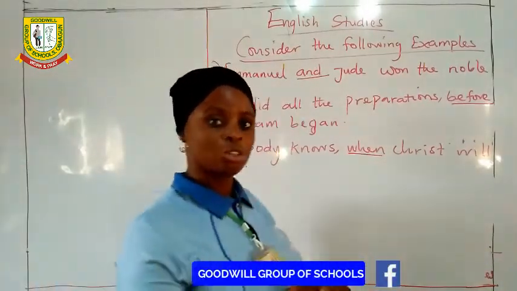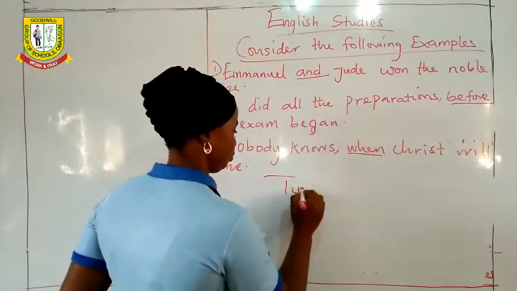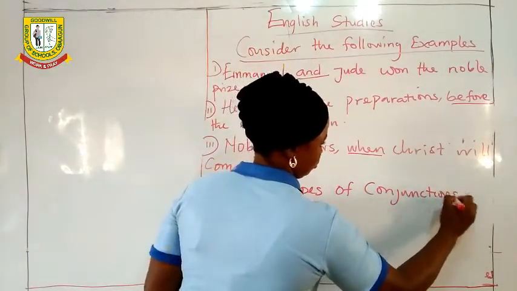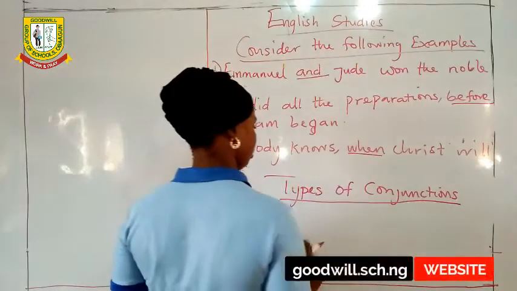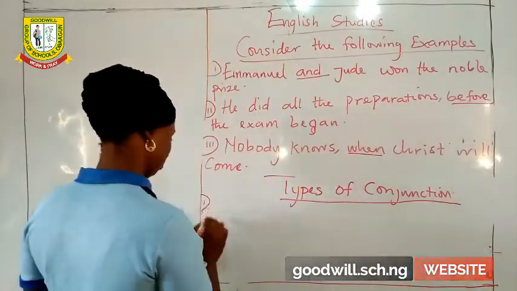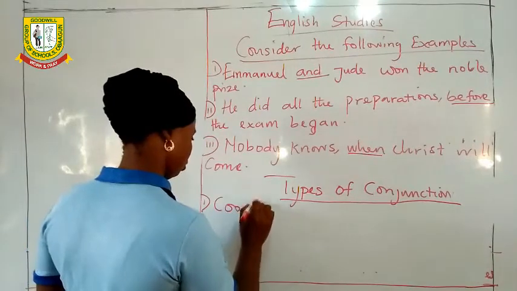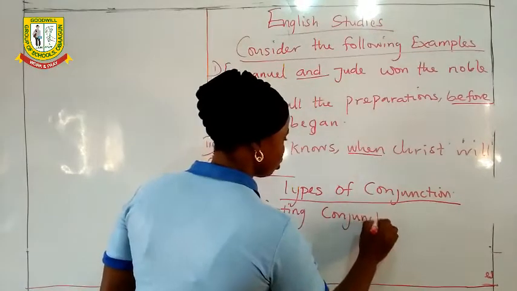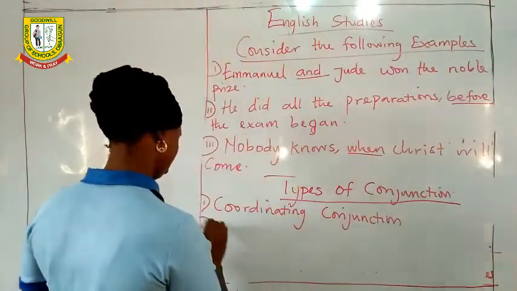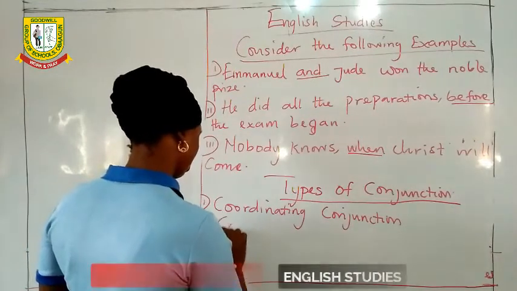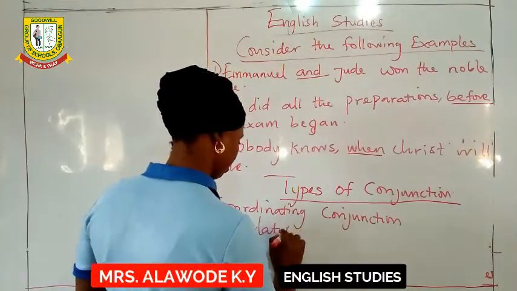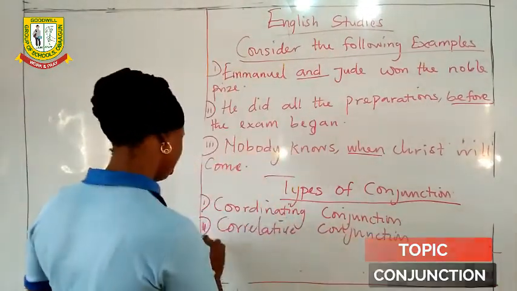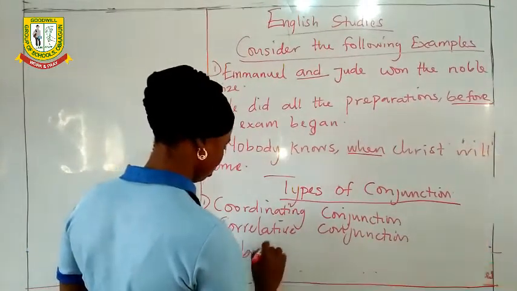Types of conjunctions: coordinating conjunction, correlating conjunction, and the third one is subordinating conjunction.